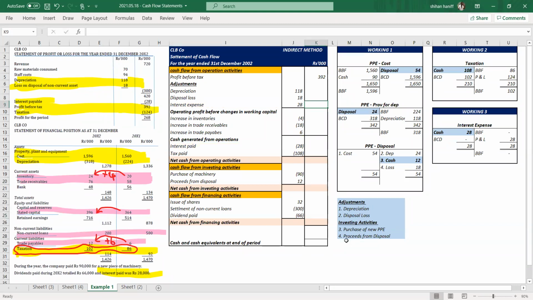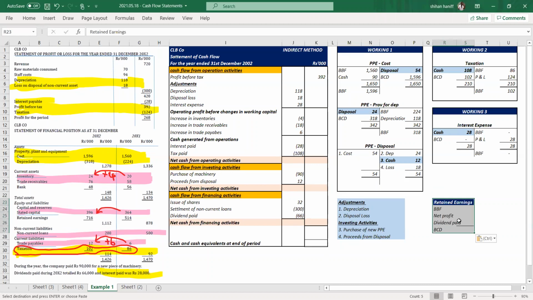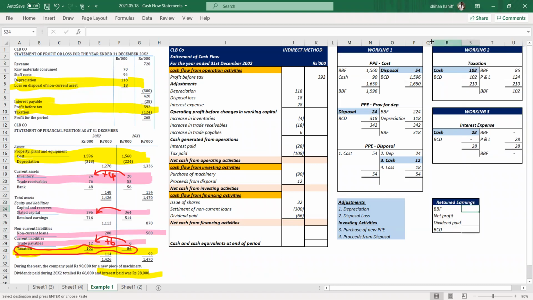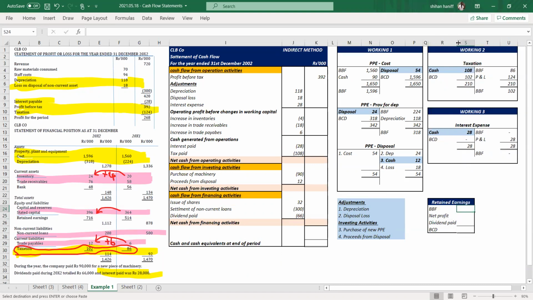Also, you can draw the retained earnings account to see whether there are any other transactions related to retained earnings. Retained earnings opening balance is 514.